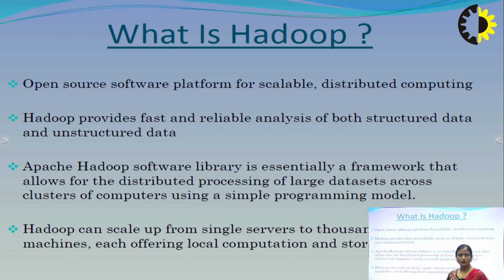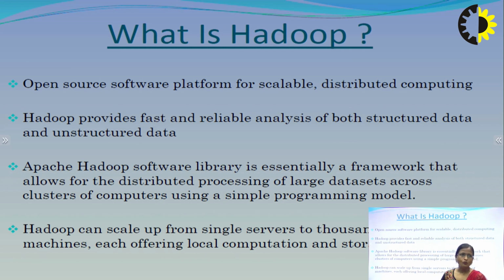Then what is Hadoop? Hadoop is an open source software platform. First, it is open source software. That means it can be easily changed and easily downloaded, and it is a software platform for scalable, that means it can be easily extended, and distributed computing.